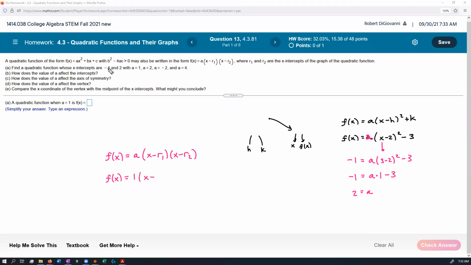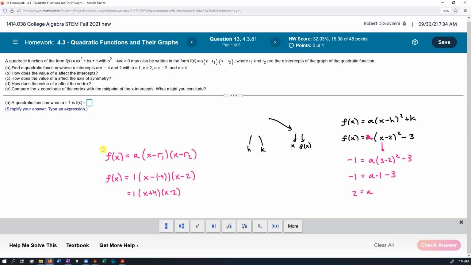Now R1 they're saying is -4. And then the other one is x minus R2, which is the other x-intercept, which is 2. That minus becomes +4, and then over here x minus 2. So that's what a function that has these x-intercepts and a of 1 must look like.